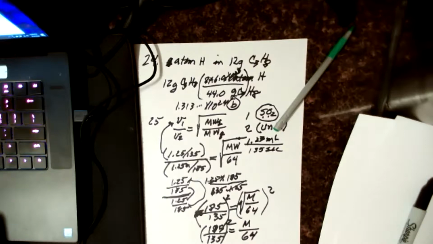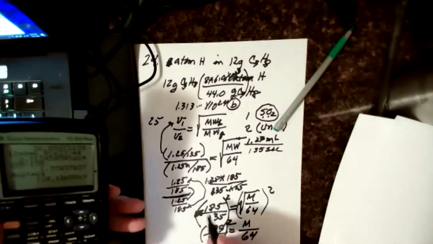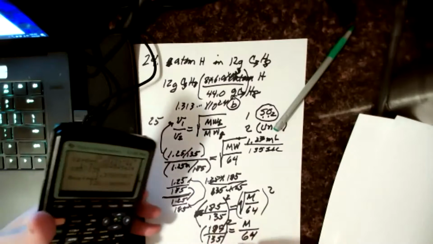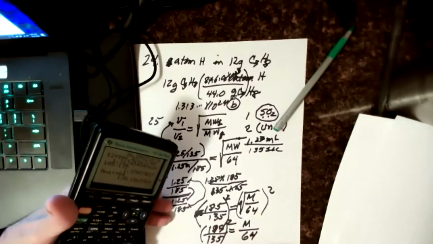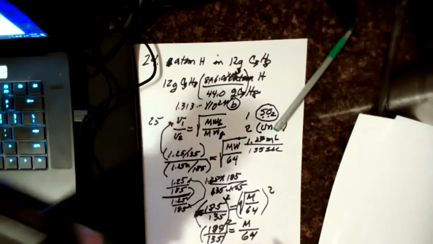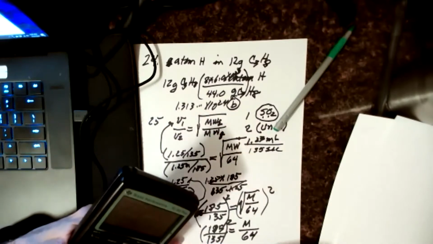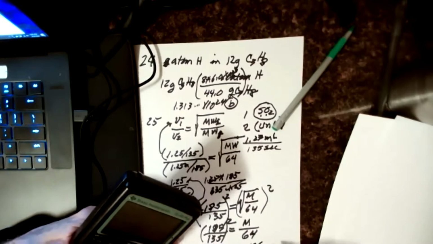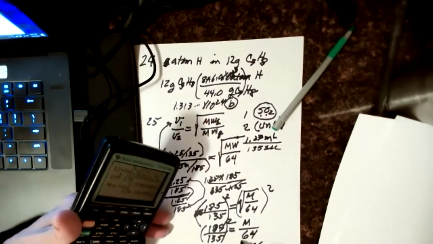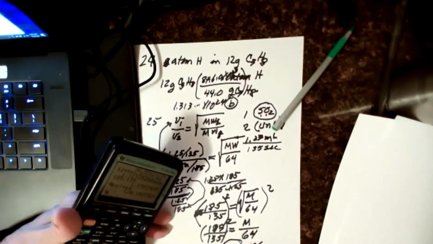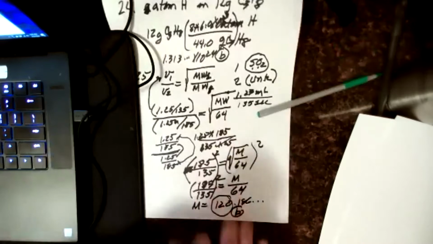And I want to multiply it by 64. So what I'm coming out with is 120.186, and some more digits, probably 3 significant figures, yes. That's response B on the exam.